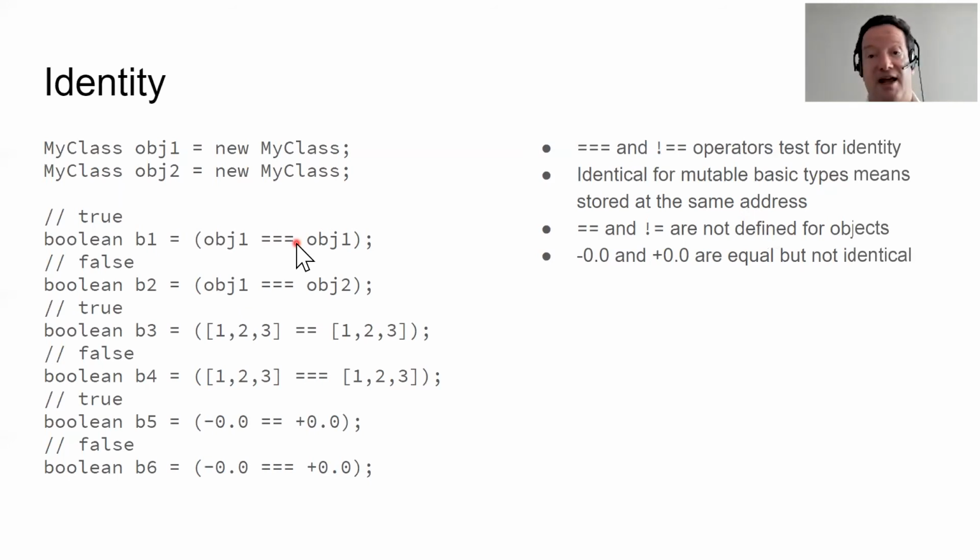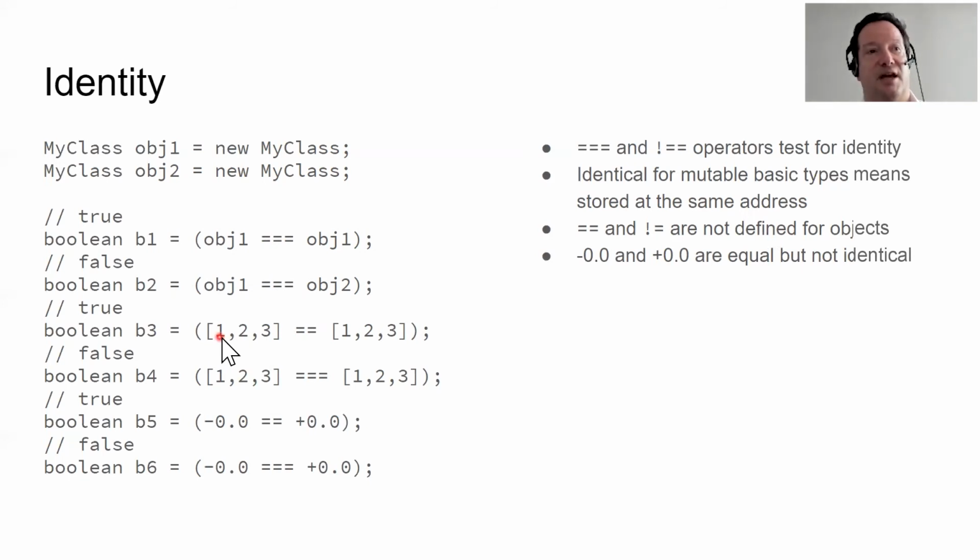So for arrays, double equals will say, does it have the same members? Is it deep equals? Triple equals means, does it live at the same place in memory? For objects, you don't have double equals because it's code, and it doesn't make sense to do deep equals on code. What you have is triple equals.